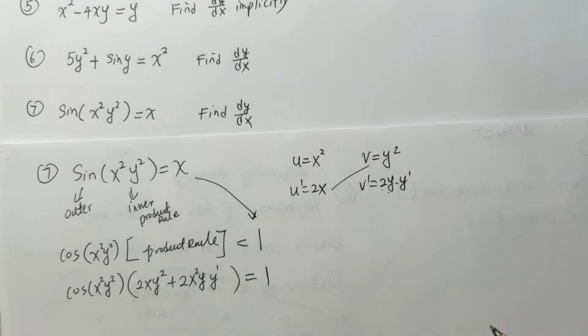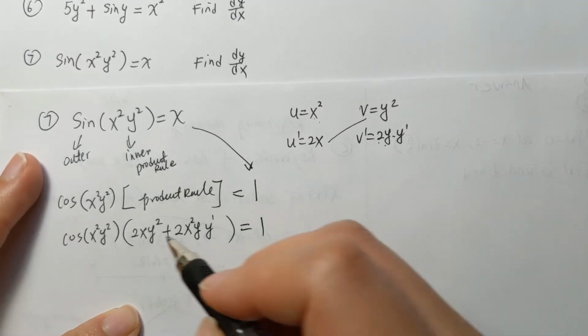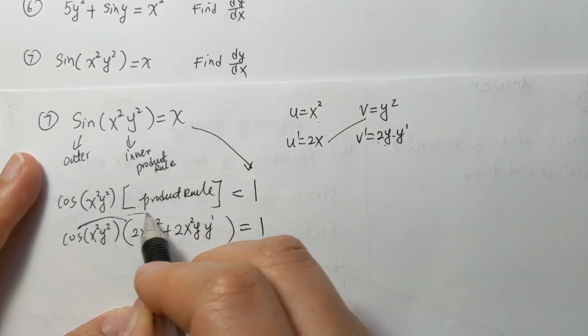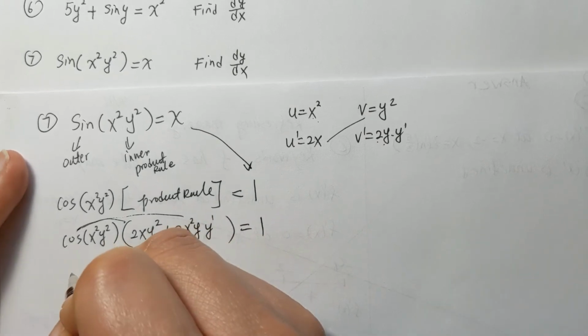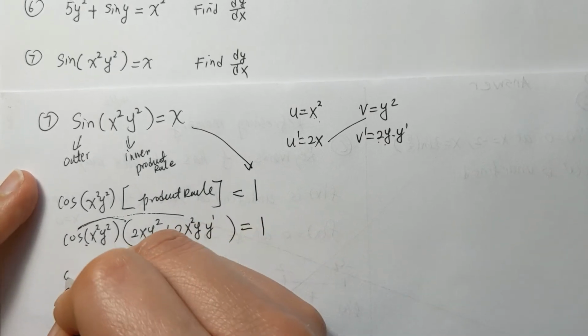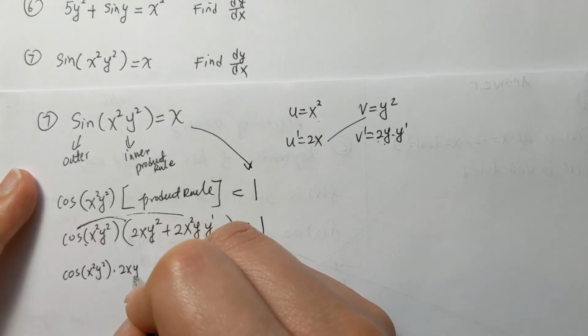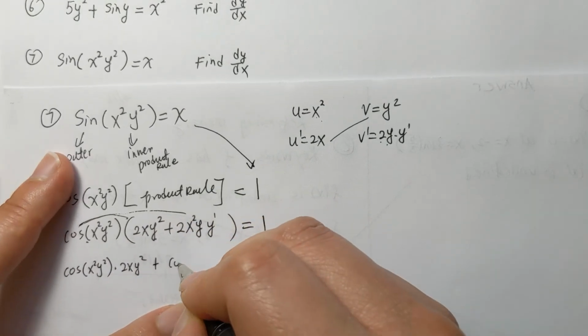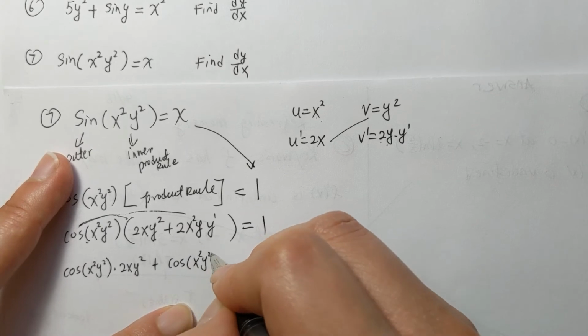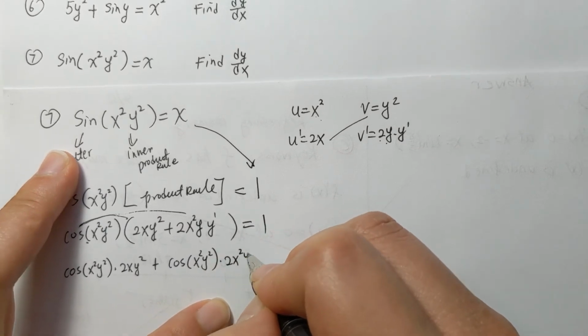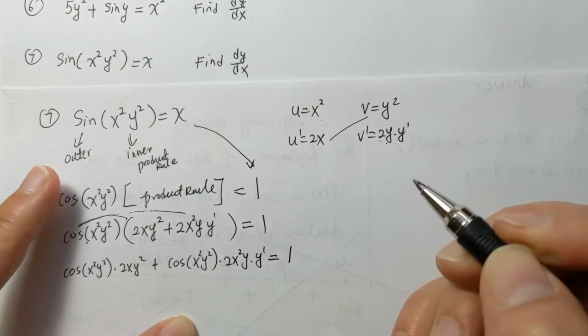So now from here, there is more than one way to do it. So I'm going to use a common way, which is the distributive property. So I'm going to multiply this and this. You get cosine x squared y squared times 2xy squared, plus cosine x squared y squared times 2x squared y times y prime equal to 1.